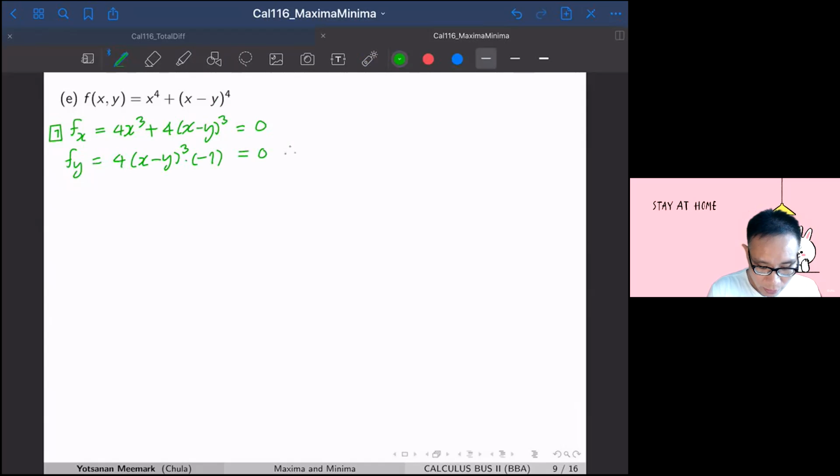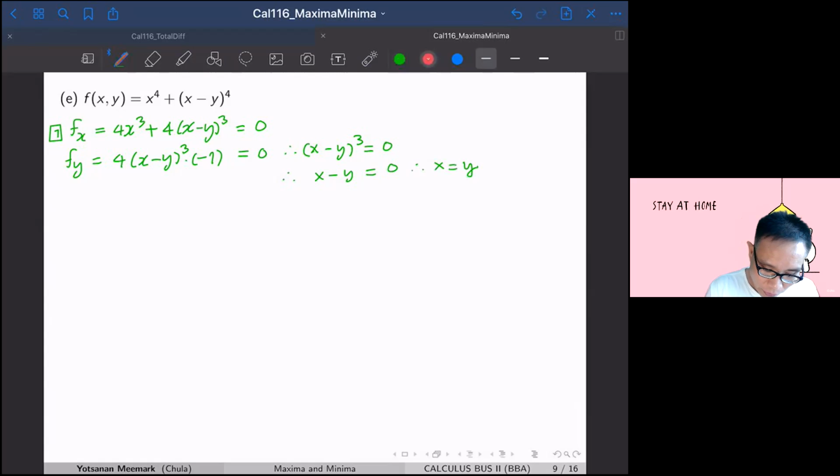In this case, you will have (x minus y) cubed equal to 0 from fy, and you see that you have x minus y equal to 0 by taking the third root of both sides. So this allows you to conclude that x must be equal to y.